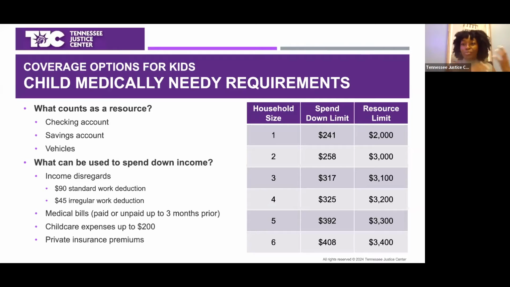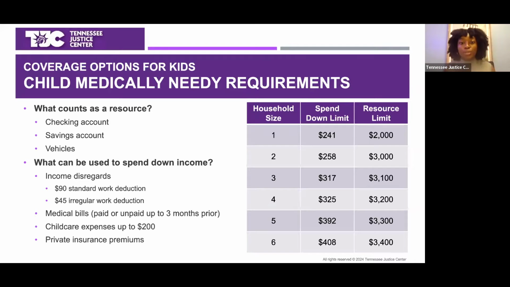But things like IRAs, things that aren't as tied to your employment, those could count. With a resource limit, they're essentially just asking you to add up all of those resources that you have and see if they fall below the 2,000, 3,000, et cetera, limit that they propose.